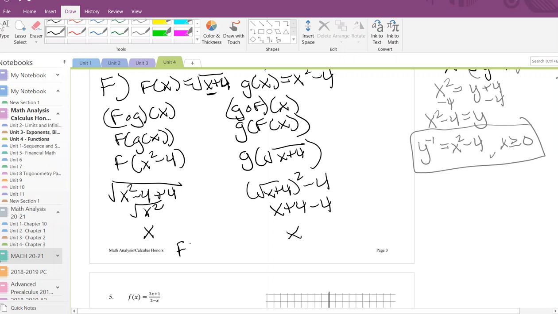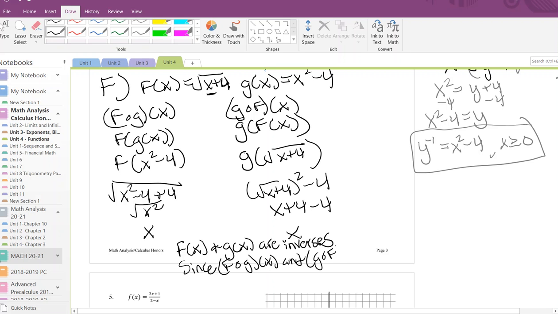So f of x and g of x are inverses since f of g of x and g of f of x both equal x.